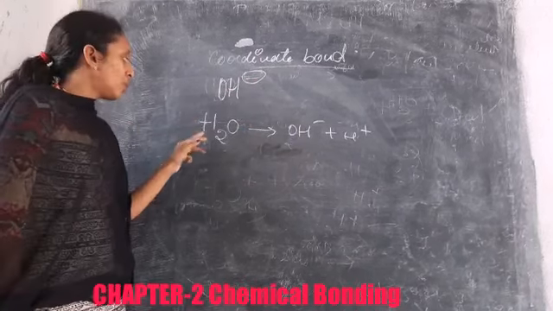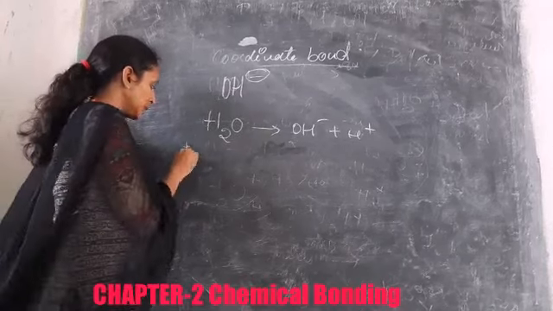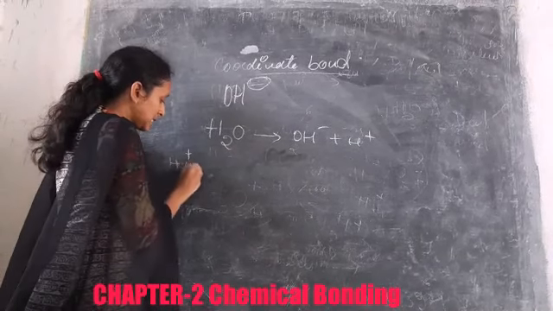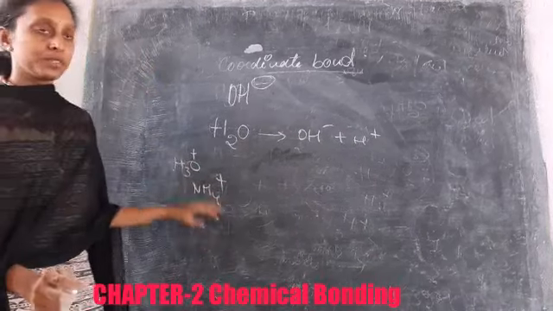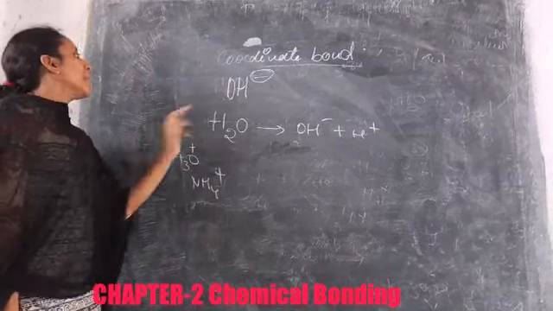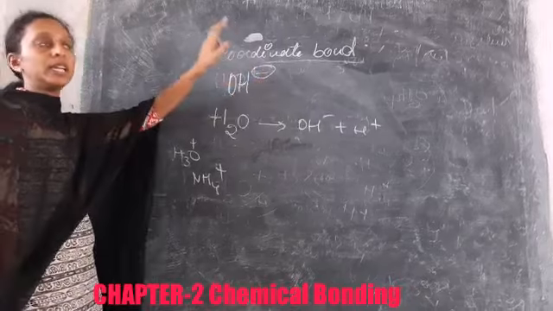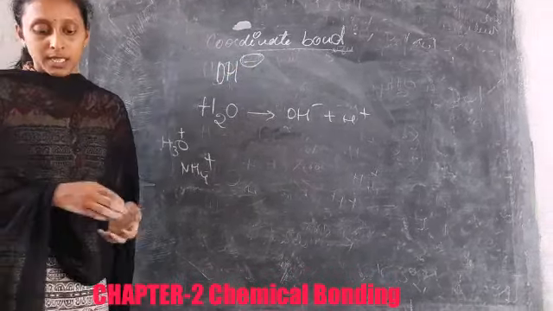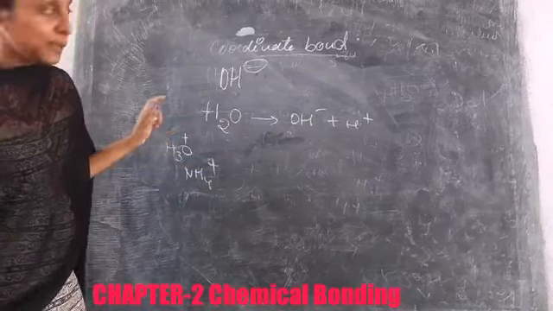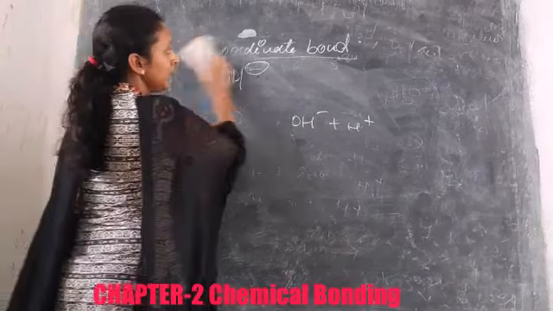So now we saw the examples of positive ions, H3O plus and NH4 plus. These are all positive ions which are examples of coordinate bond. And OH minus is also a coordinate bond where it has a negative charge. So these are a few examples of coordinate bond.